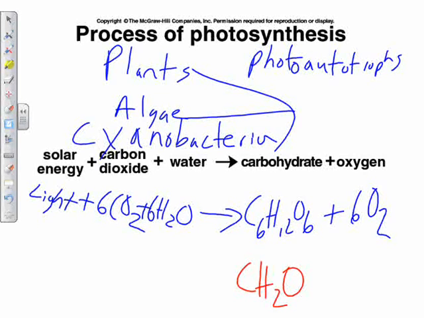Now, that's kind of a misnomer. It's not really true, because literally that word means they use light to make their own energy, right? Well, we know you can't do what with energy? You can't make it. They don't make any energy. They just take light energy and store it in what? In a chemical. And I'm going to come back to that in just a second. That's one word we might use to describe things that can do photosynthesis, photoautotrophs.